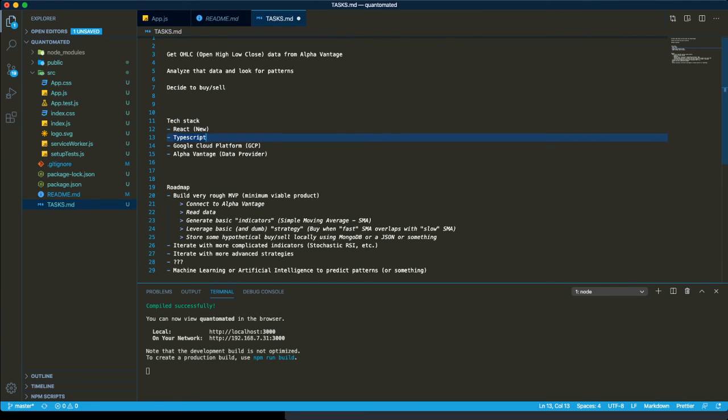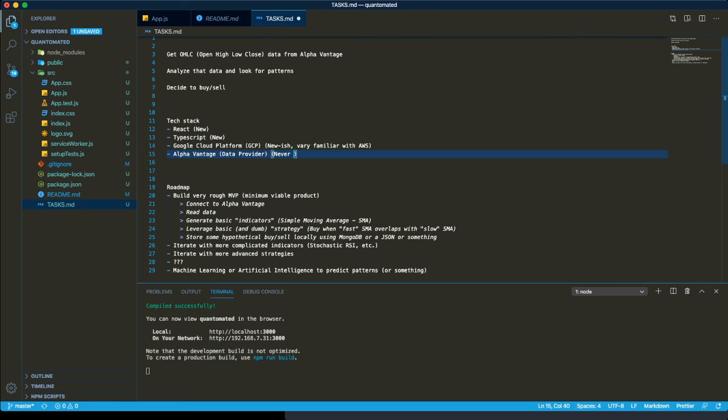So in terms of my familiarity, React is new for me. TypeScript is new, but it's similar to JavaScript, so I'm not too crazy scared about that. Google Cloud Platform, I'm new-ish, very familiar with AWS.